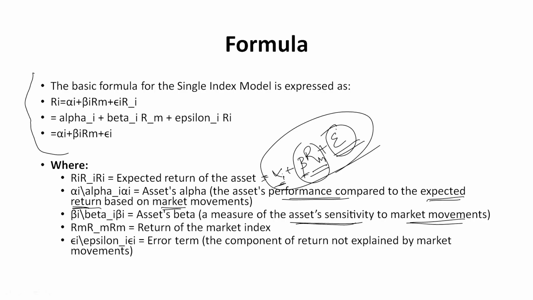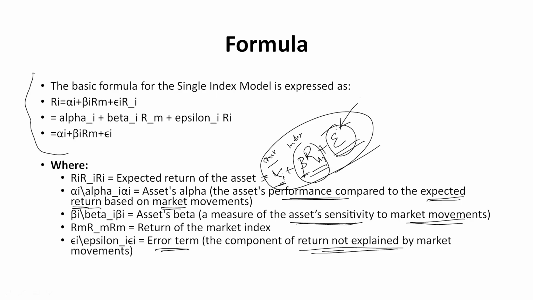So this is the factor which is having an impact on the index. So this is the individual stock, this is the impact on index, and this is epsilon, the error term. Error term is nothing but the return which is not explained by the market. So you do not know from where this has come.